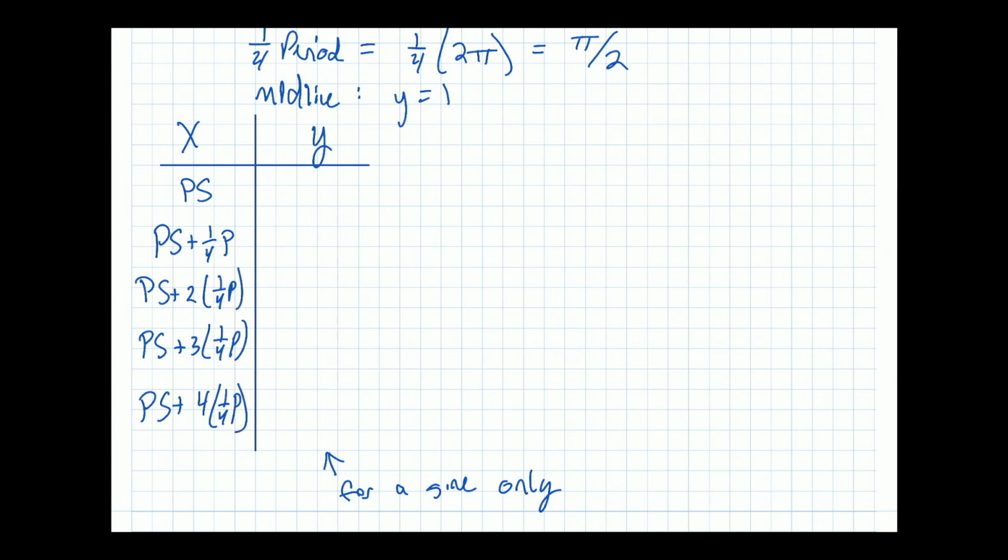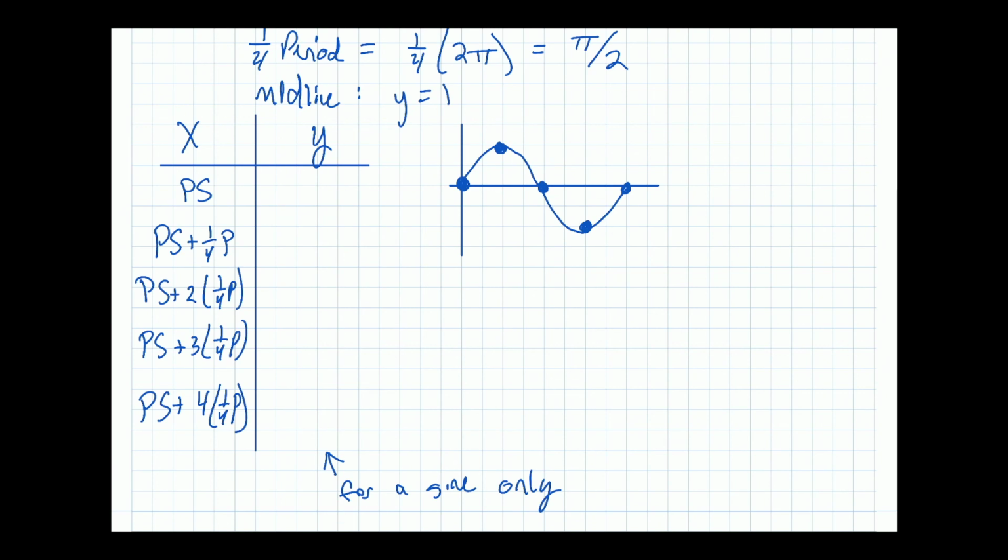Your y values this time are different because remember what a sine looks like, right? A sine starts in the middle and then goes up to the top and then back down to the middle and then down to the bottom and then back up. So it's the same kind of shape overall, but it starts at the midline.